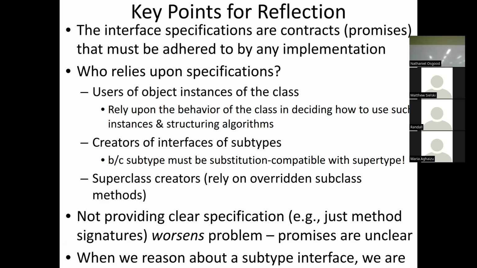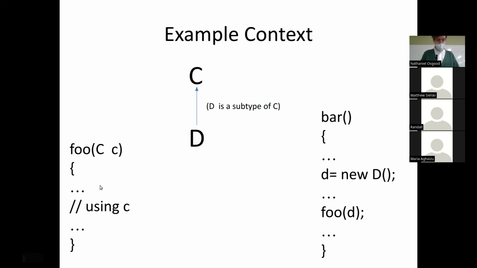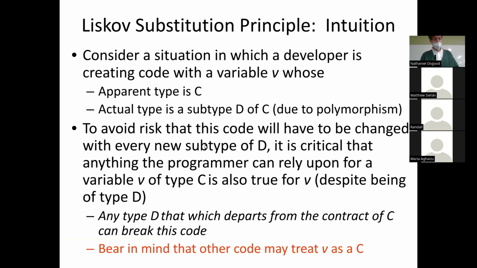Maybe they know about them through documentation from past work with this class, etc. More than that, not just users of it, like foo, who uses instances of this, anyone who's going to subtype this, anyone who's going to create a D that's a subtype of this, is going to be counting on those properties as well. Should be considering them, should be taking them into account in how to build the subtype.